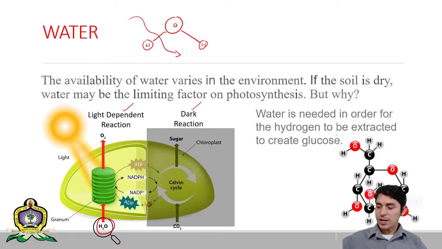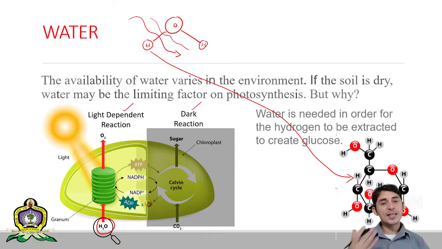Why is water needed? Because we need the hydrogen. What is the hydrogen needed for? The hydrogen is needed in order to build a glucose molecule. And this is how a glucose molecule would look like. Please take note of that.